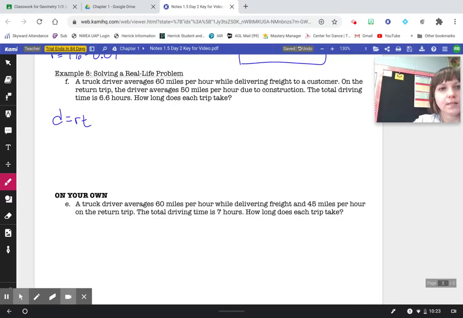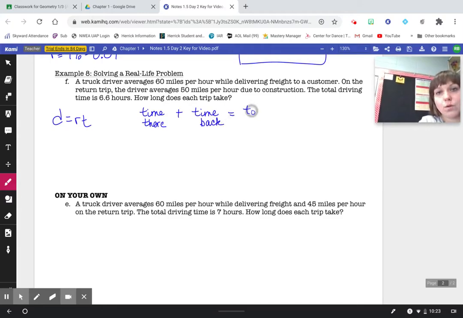The total driving time is 6 6/10 of an hour. How long does each trip take? So we want to know the time there plus the time back, and that'll be our total time.